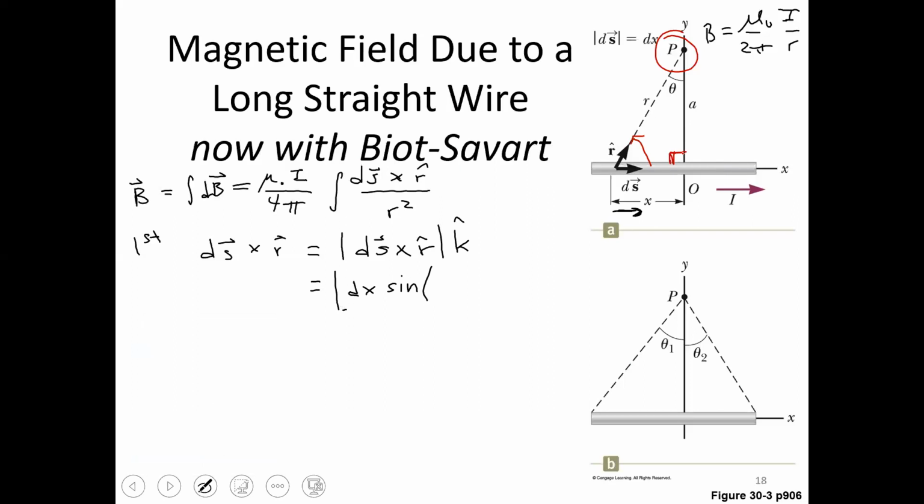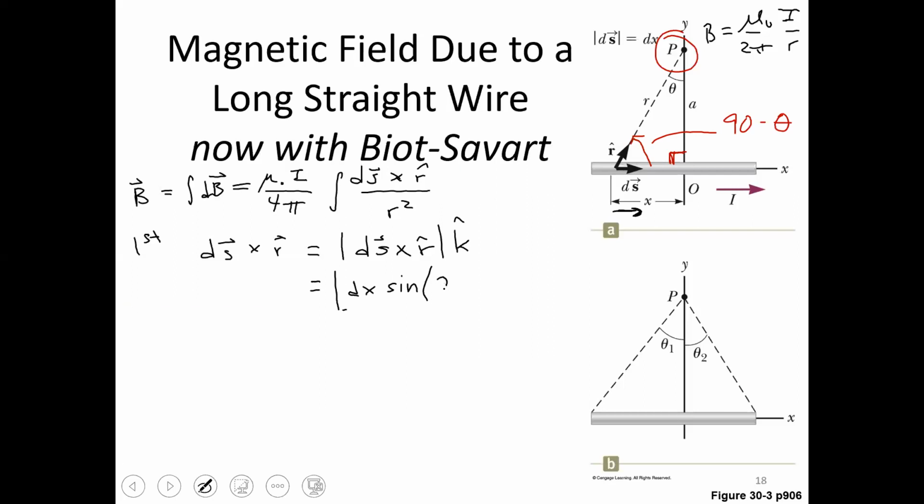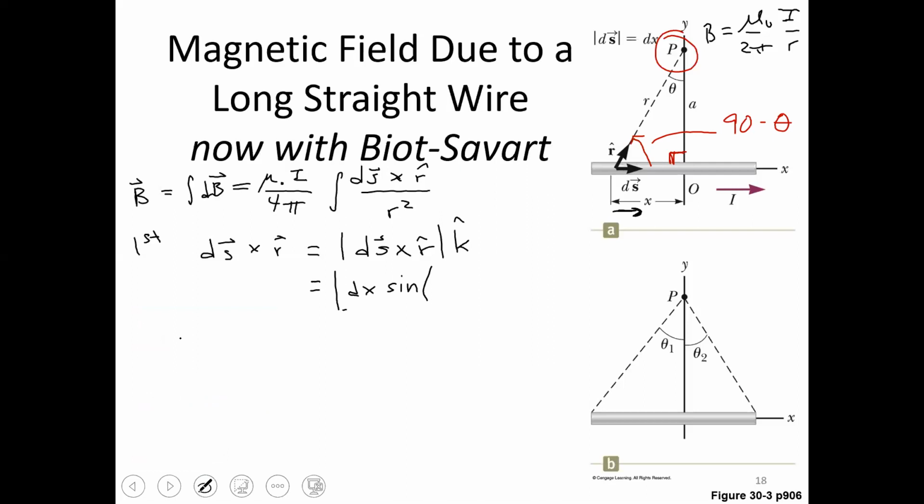So if this is a right triangle and that thing up there is theta, the angle between my y-axis and this r, this angle is just 90 degrees minus theta. Yes? All right, make sure that makes sense to you. And I'm actually going to write that in terms of radians. So we'll do pi over 2 instead of 90 degrees minus theta. And of course, this is in the k hat direction.